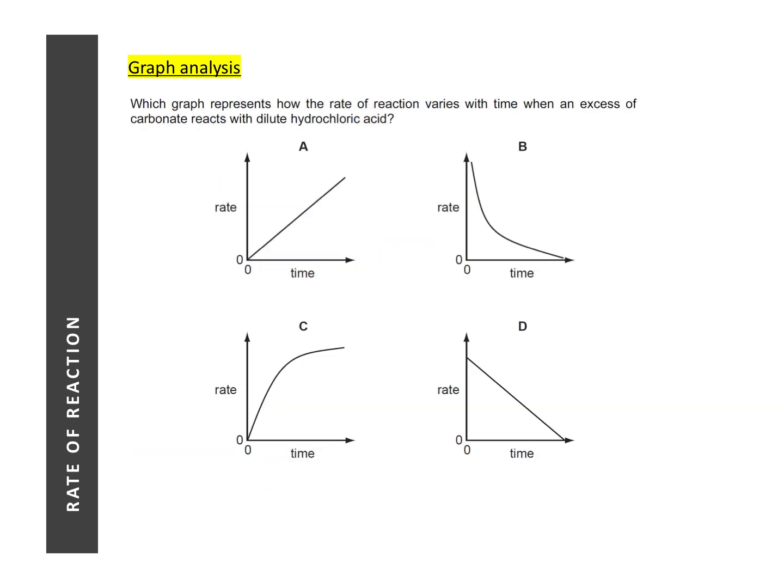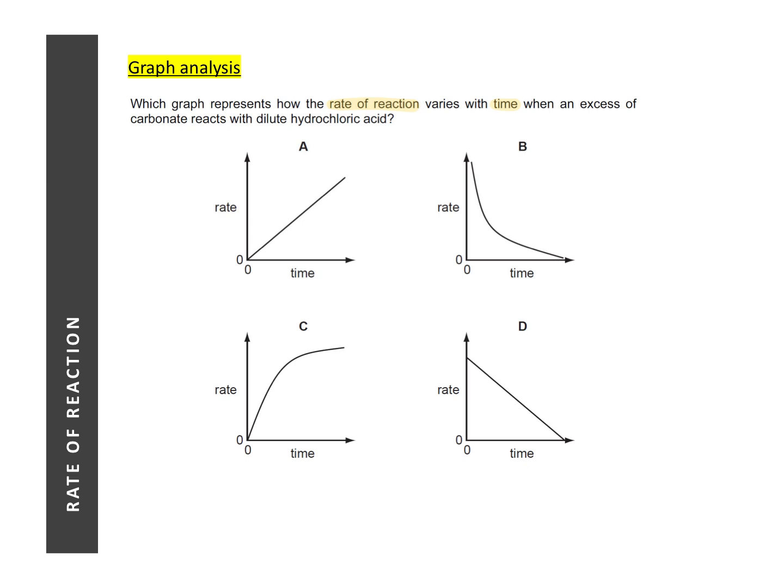For this question, we are again looking at a graph, but very importantly, you need to take note of the axis of the graph. In this case, we are no longer looking at volume of gas with time, but we are looking at rate of reaction with time. Now, as seen earlier in the graph of volume of gas with time, the rate of reaction is the highest at the start.